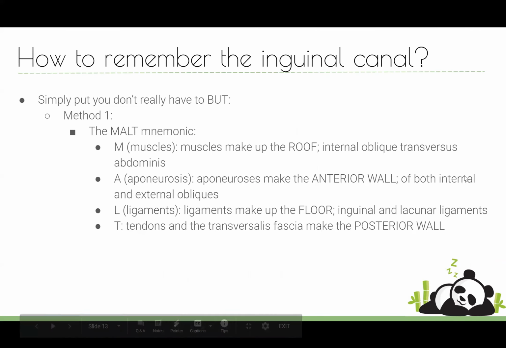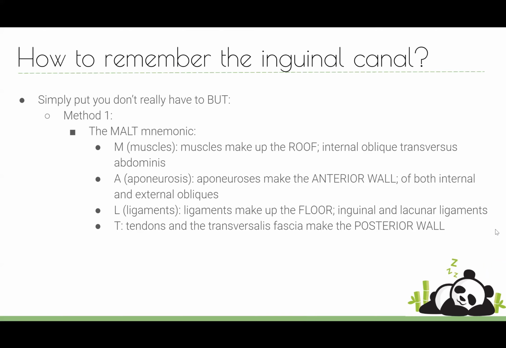There are a couple of ways to learn it better. So how do you learn it? I don't think you really have to learn it to that much extent, but this is one of the ways, and there's two ways to think about it. So the MALT mnemonic. MALT stands for muscles, aponeurosis, ligaments, and tendons. The muscles make up the roof, and this will be the internal oblique and the transversus abdominis muscles.